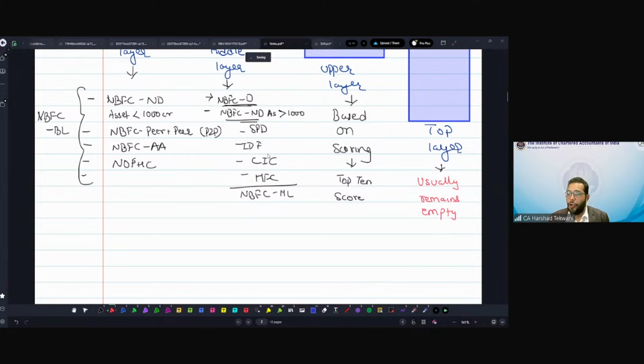It is created because when there is an increase in systemic risk, if any NBFC has a higher systemic risk, in that case it will be transferred to the upper layer or top layer, and then it will be monitored based on the top layer regulations.